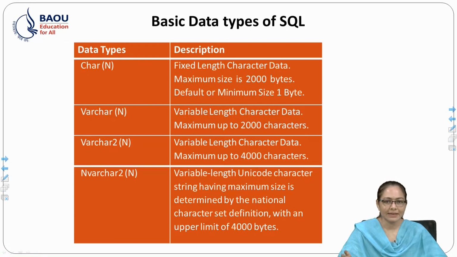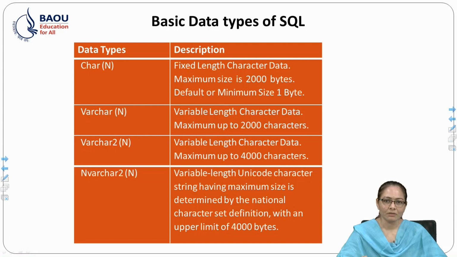First, we see the data types for character or string values. The first one is CHAR(n). CHAR(n) is a fixed length character data. The maximum size stored is 2000 bytes. If you do not provide the size, then by default the minimum size is 1 byte.